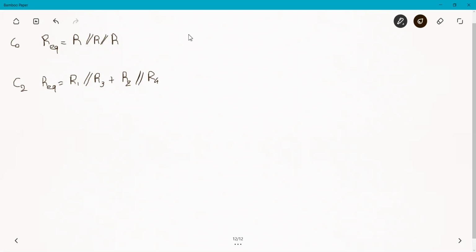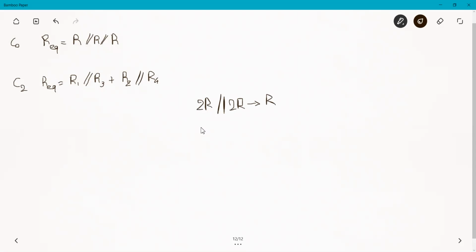Maybe this is quite interesting for you, a quick way of solving resistors that are in parallel. Maybe you already noticed it, but if you have 2R in parallel with 2R, the result is R, so it's one resistor divided by 2.